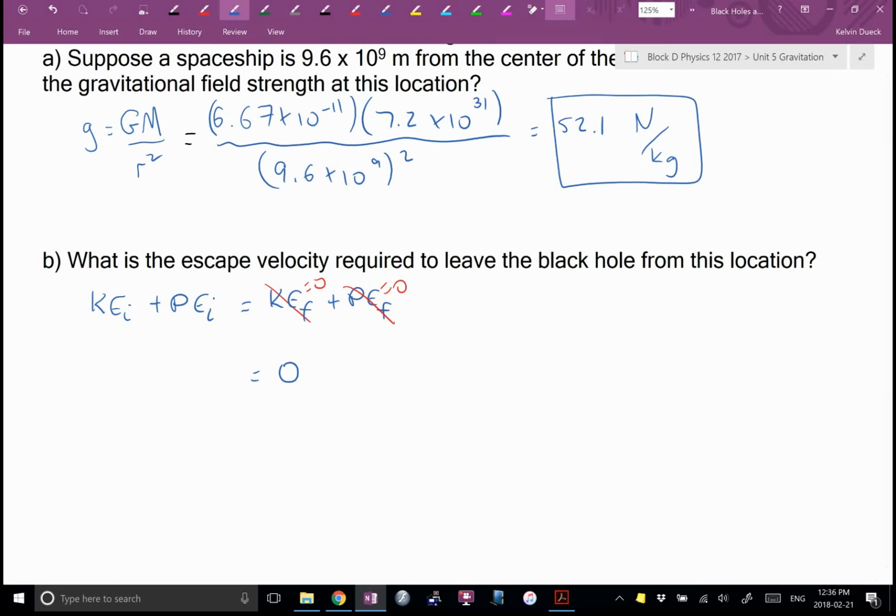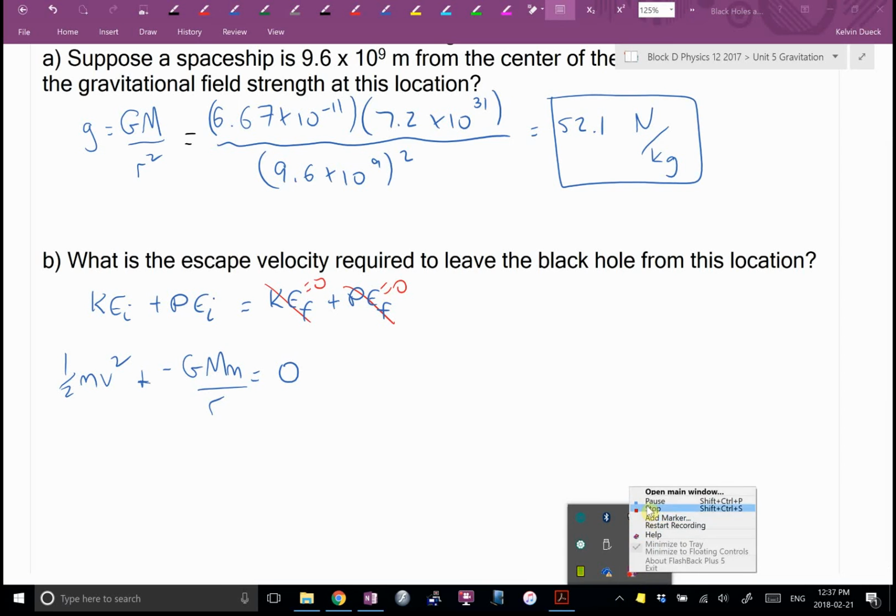Kyle, what's kinetic energy been since day one? That v is going to be the v that we want to find. That's our escape velocity. Should be called escape speed, but they call it escape velocity. Plus, can I use mgh here, or are we cosmic? Yeah, we're very cosmic. Negative big G, big M, little m over R. Pause for a second.